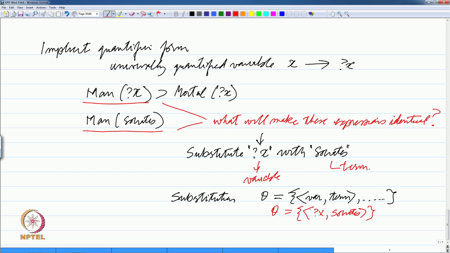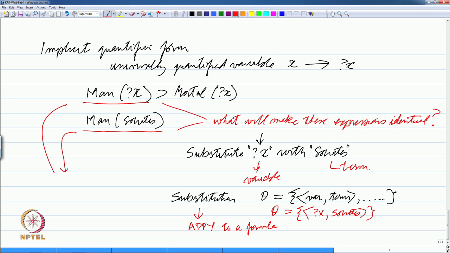Now, we have this notion of applying a substitution to a formula. It means basically substitute whatever variables are talked about in the substitution with the values that are given in the substitution.